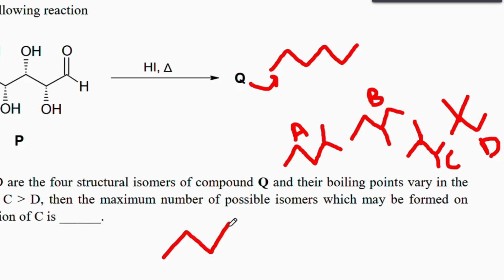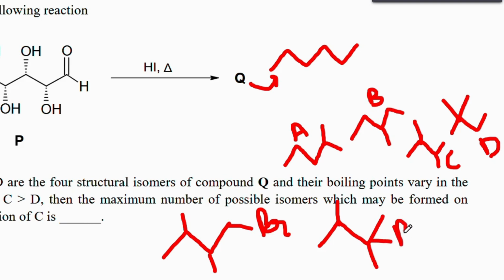Now, to proceed further with the question, it is given that this compound C, or 2,3-dimethylbutane, is monobrominated, and we have to give the number of possible isomers. So this is one case, and this is the other case. We get only two cases on monobromination, and the second case that I'm drawing right now shall be the major product.